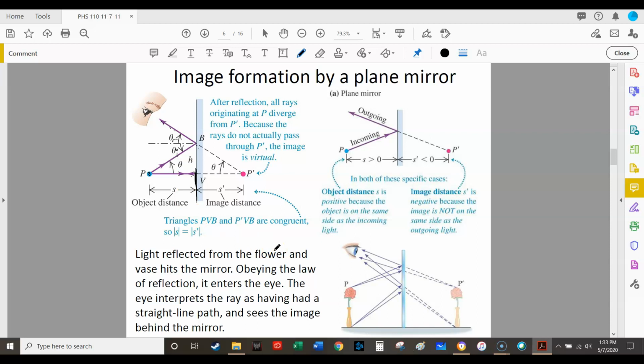If I'm looking at myself in the mirror, my image on the other side of the mirror is going to be the same distance as my actual distance to the mirror, my object distance. Okay? So this distance from here to here is going to be the same as the distance of the image to the mirror. Okay?